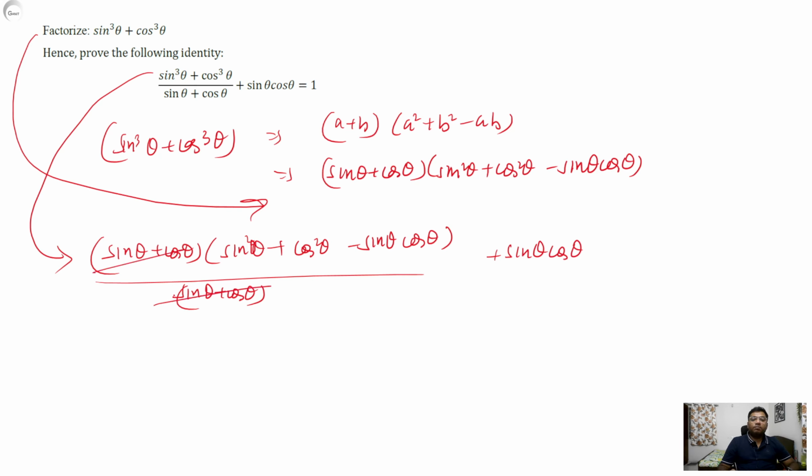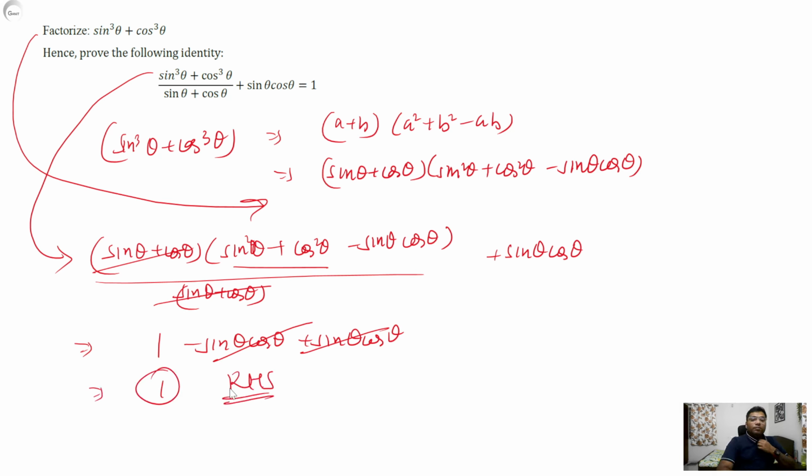So this bracket completely cancels out. We have sine square plus cos square, which is 1. So we have 1 minus sine theta cos theta plus sine theta cos theta. And guess what that gives us? 1, the RHS. And that's why, my friends, knowing algebraic identities is super, super important.